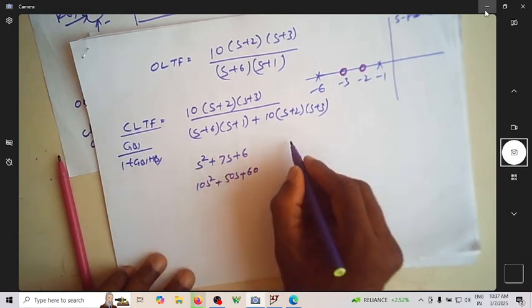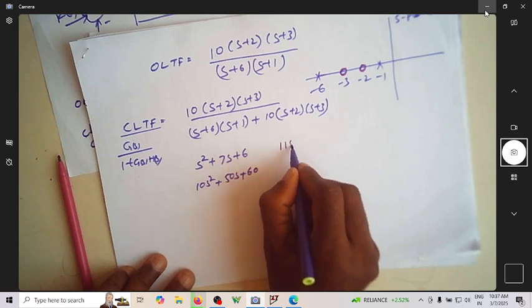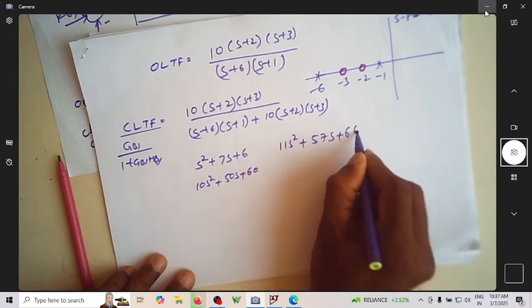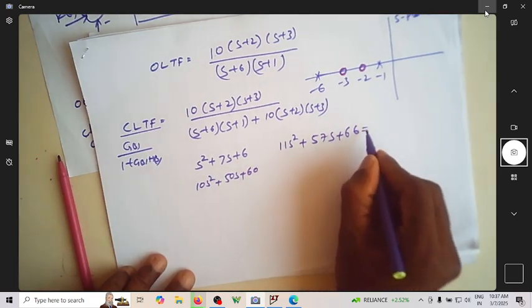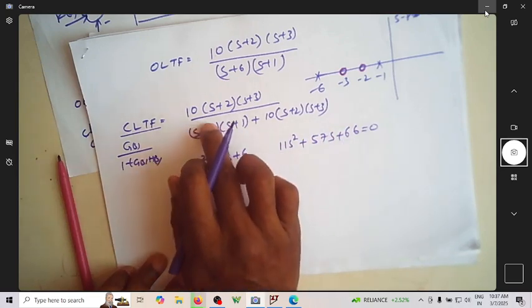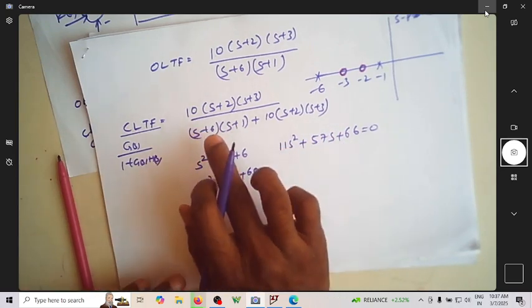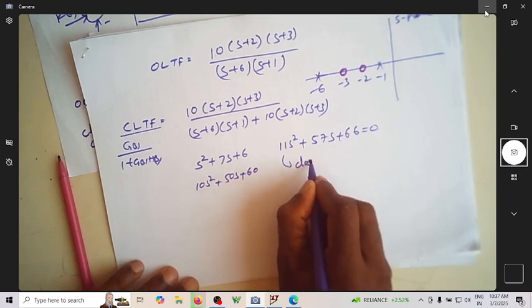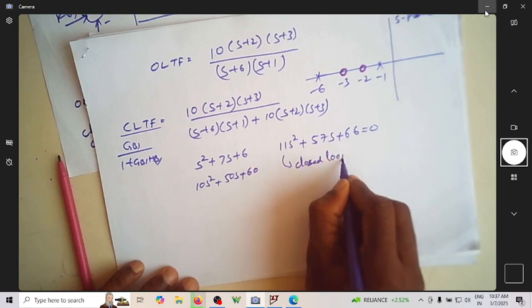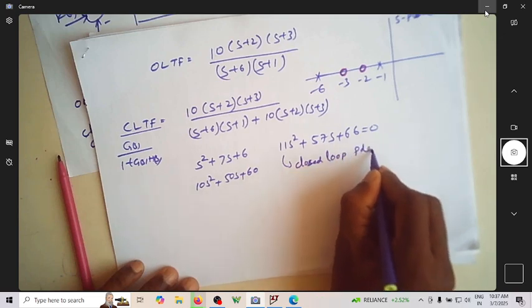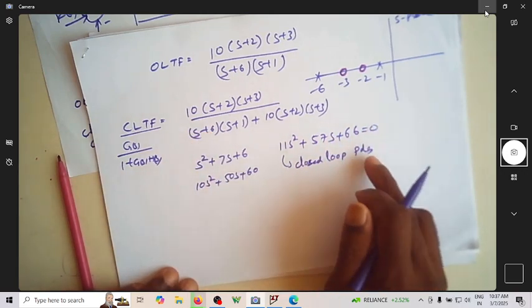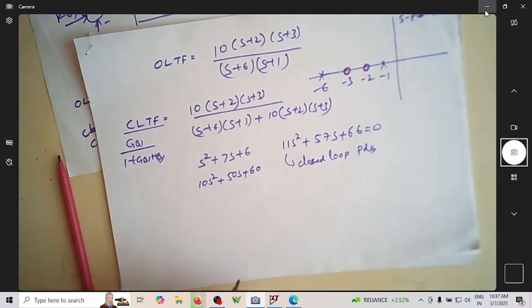So now the denominator will become 11s square plus 57s plus 66. Once you know the denominator, I can find the closed loop poles. The roots of this denominator equating to 0 will give you the position of the closed loop poles.